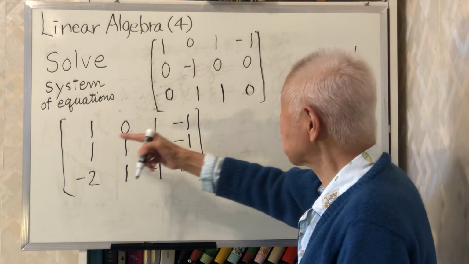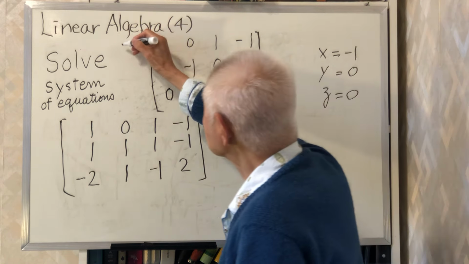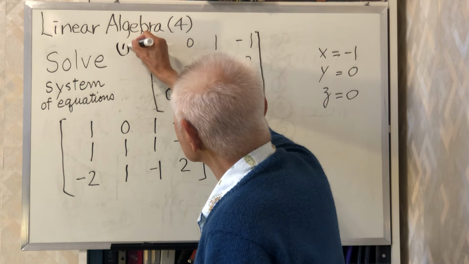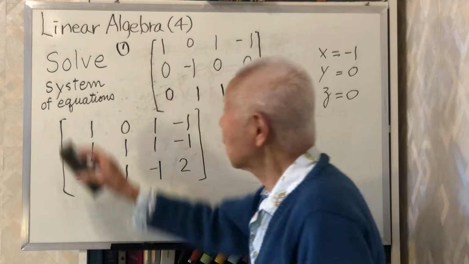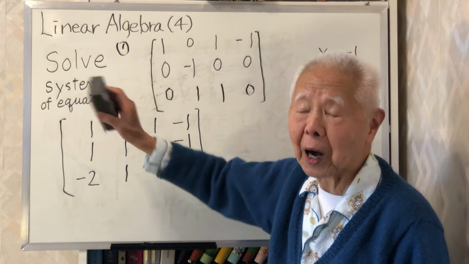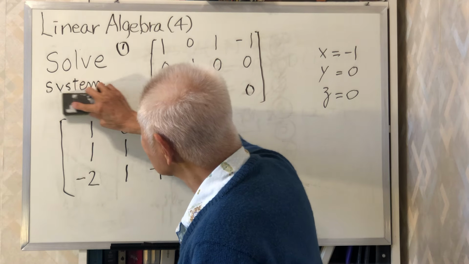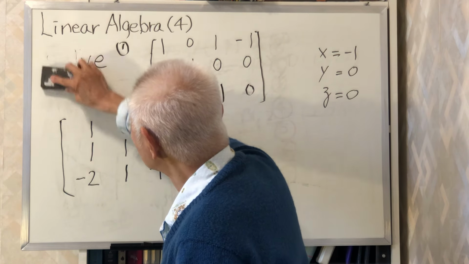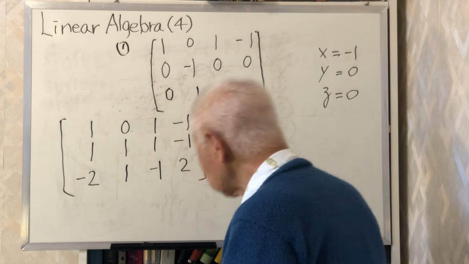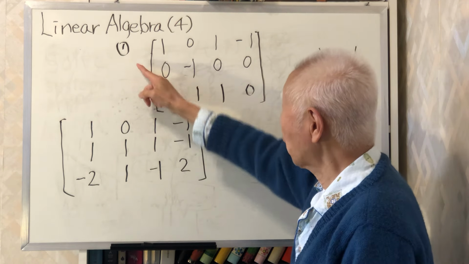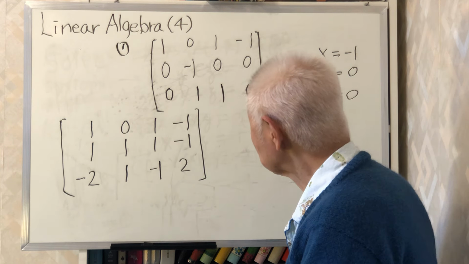This is just repeat row 1. Let me erase this part to have more space. This is just row 1. This is row 1 minus row 2.